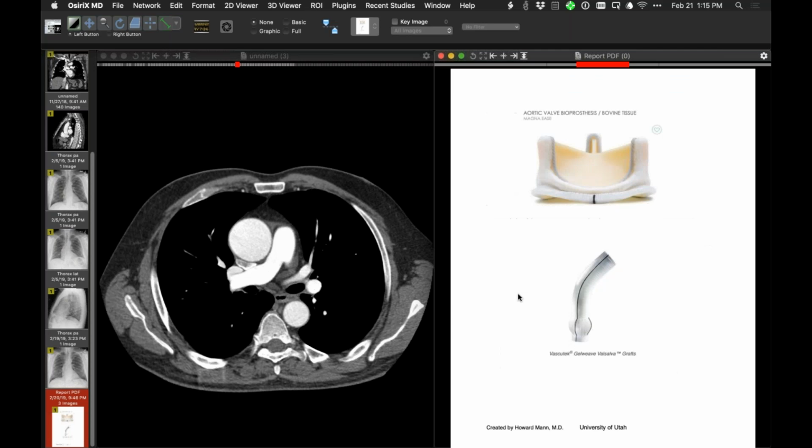ascending aorta. And this particular surgeon used the combination of this particular stented bioprosthetic aortic valve and the so-called Valsalva graft, where a portion of the graft is fashioned to simulate the geometry of the sinuses. And I think there's a theory that somehow this encourages the kind of blood flow that may diminish stress on aortic valve leaflets, but that simulates the aortic sinuses.